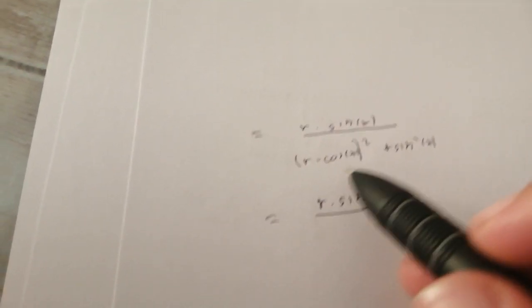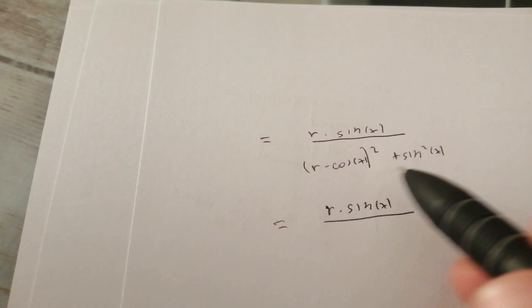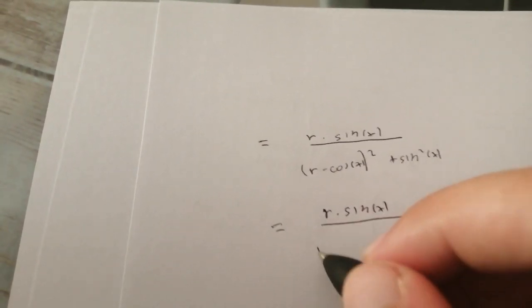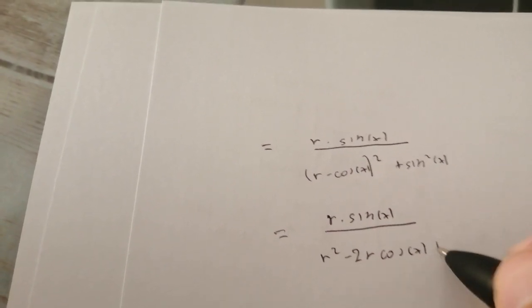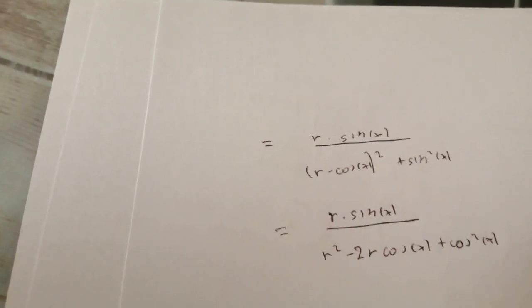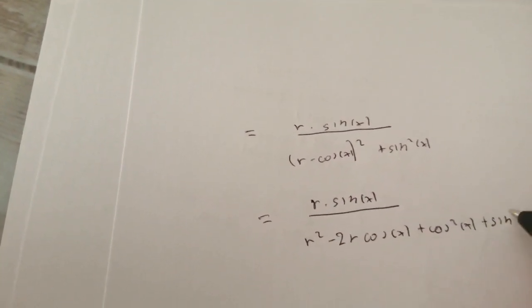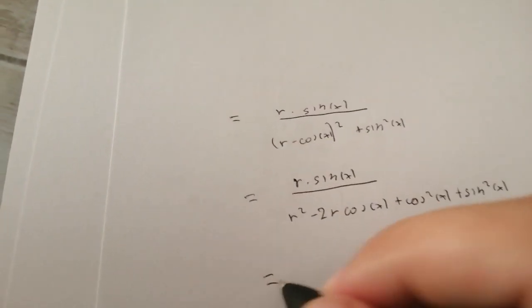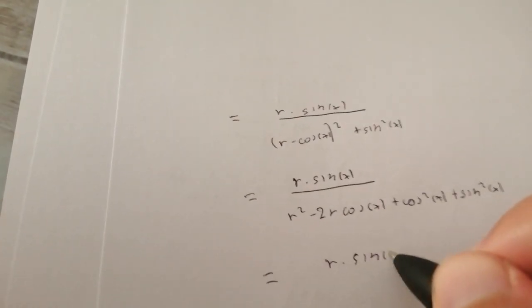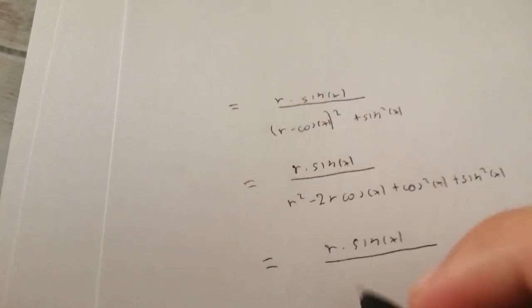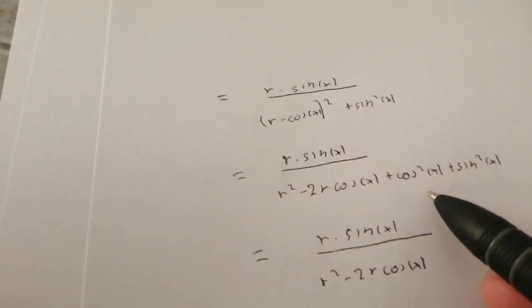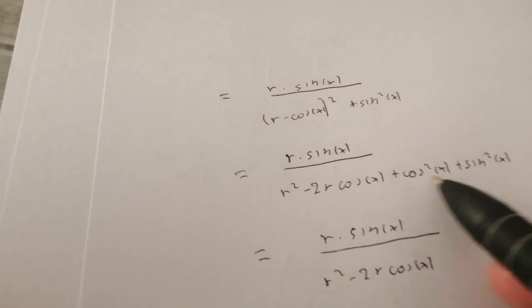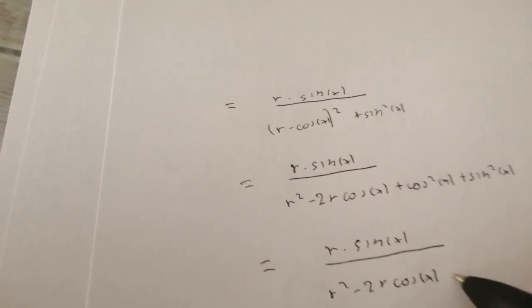Now we have to expand the bracket here, so it's r squared minus 2 times r cos x plus cos squared of x plus sine squared of x. So this is r times sine of x over r squared minus 2 times r cos x, and we have this identity here that cos squared plus sine squared is equal to 1.